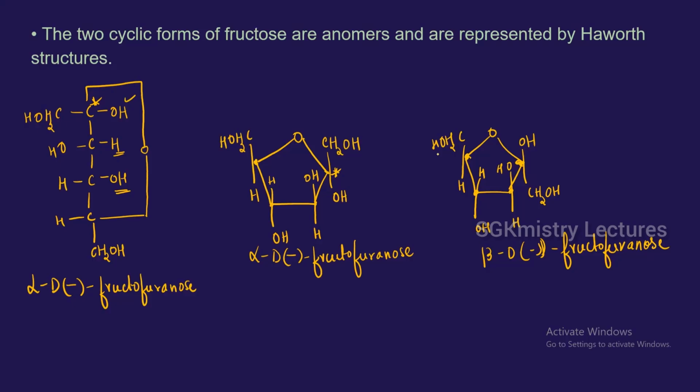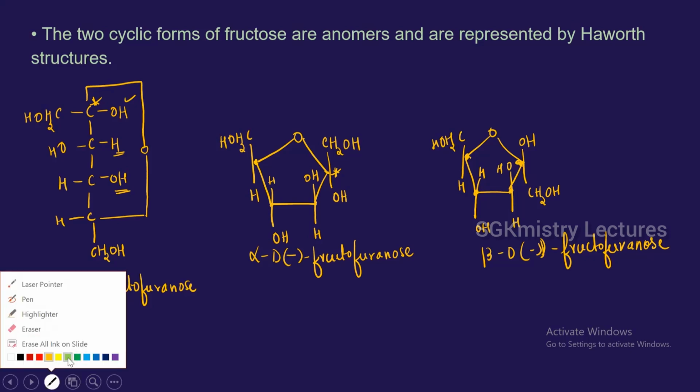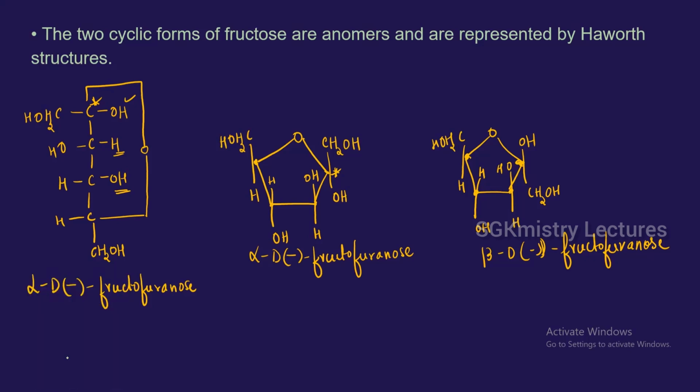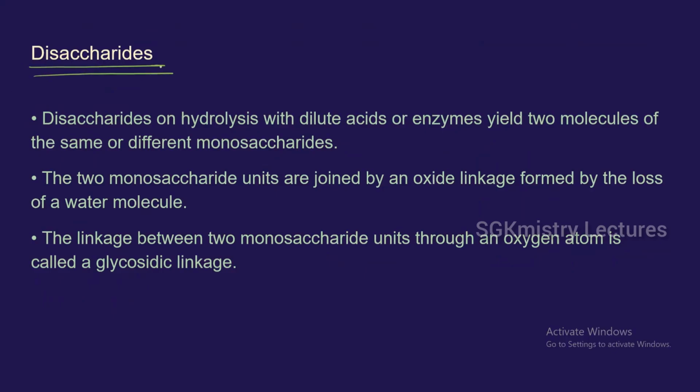Now this is about monosaccharides. Now let us try to understand about the disaccharides. Disaccharides, as we know, are made up of two monosaccharide units. So when you subject these disaccharides to hydrolysis, we get two molecules of the same or different monosaccharides, based on what the disaccharides are made up of.